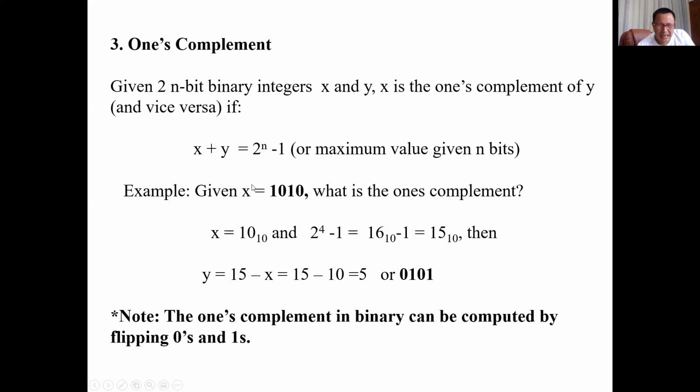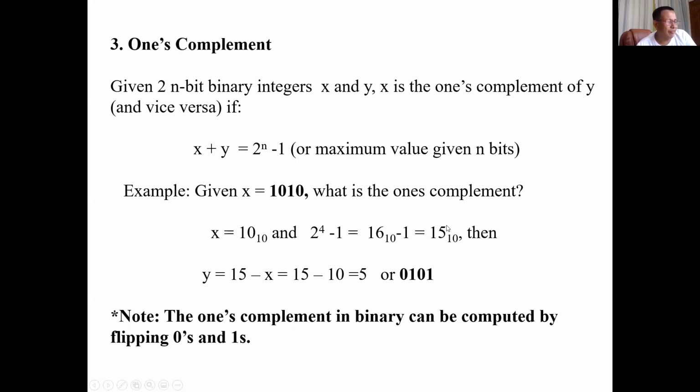For example, the number 10. What is the number 10? 1010. So how much is n here? 4, because there are 4 bits, right? What is the one's complement? 2 to the 4 is 16, minus 1 is 15. So the maximum value is 15, right? We subtract 10 from the maximum value.